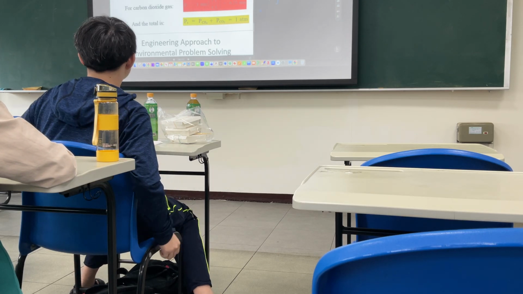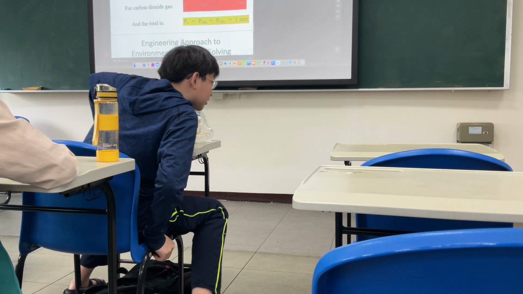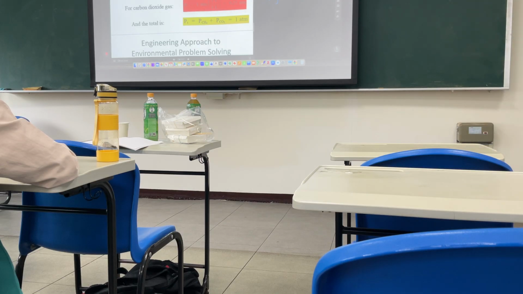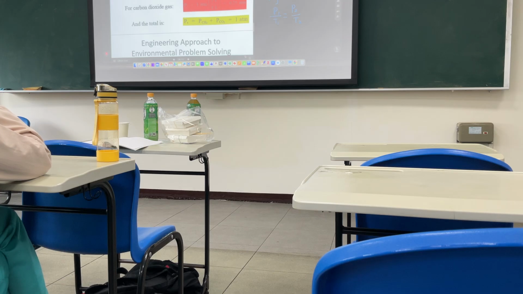He is not a real gay, he was not gay. That's his name. Two persons: one is Gay, the other one is Lussac. So P1 over T1 equals P2 over T2. His last name is Gay.